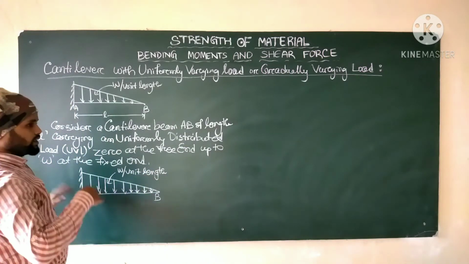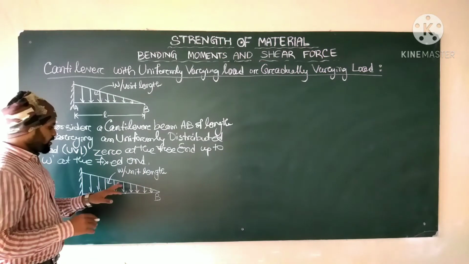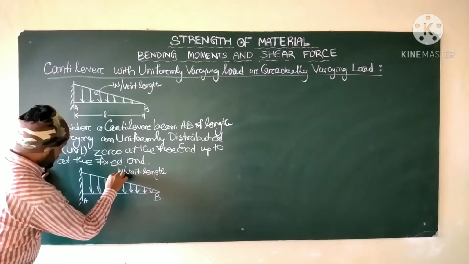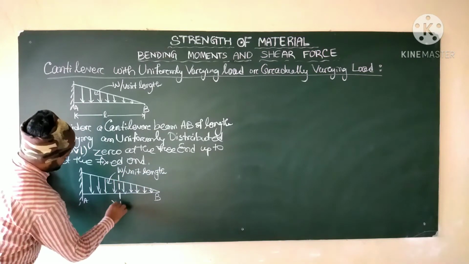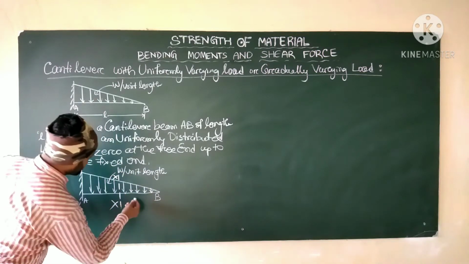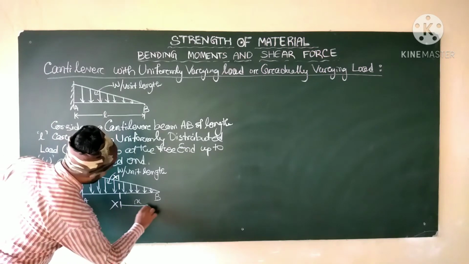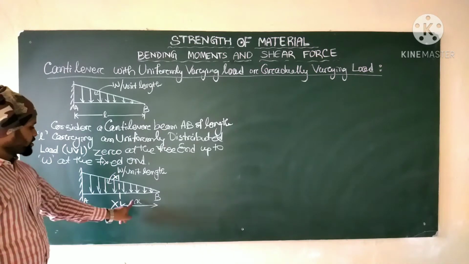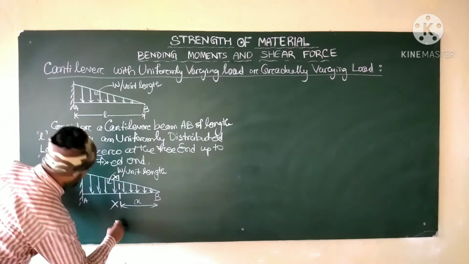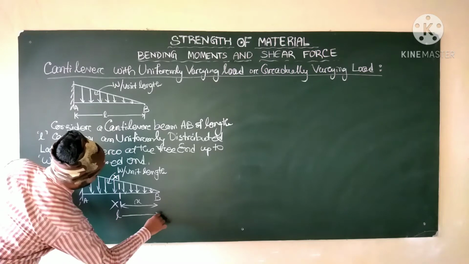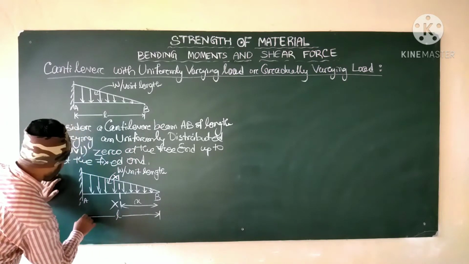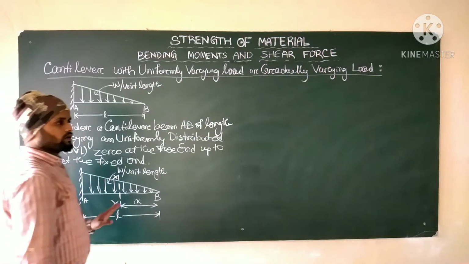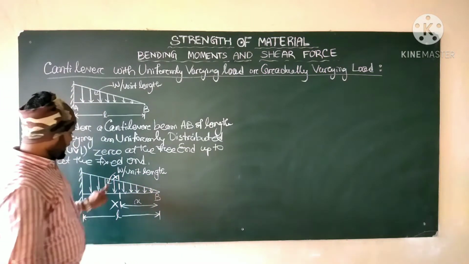Now we will find the formula at a section small x. Let this dotted line be XX, which is at distance x from the free end. Total length is small l. So we will find the formula at XX.